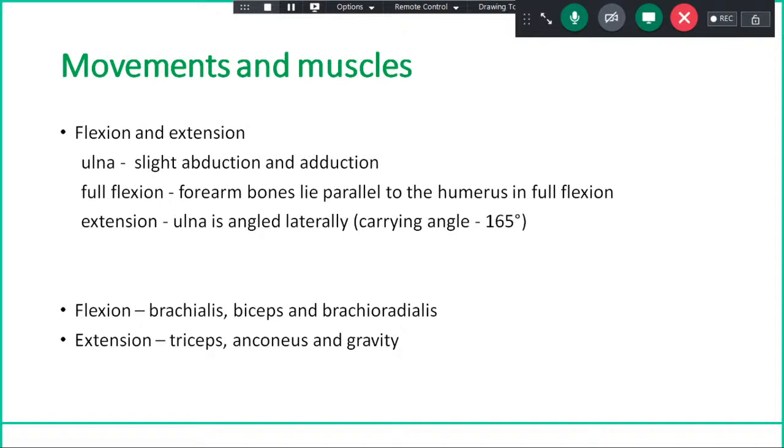So the long axis of the humerus and the long axis of the ulna are not in the same line. This angle, 165 degrees, is known as the carrying angle. And when you are lifting a heavy weight, suppose someone is holding a bucket full of water, you can see this carrying angle is actually increased.